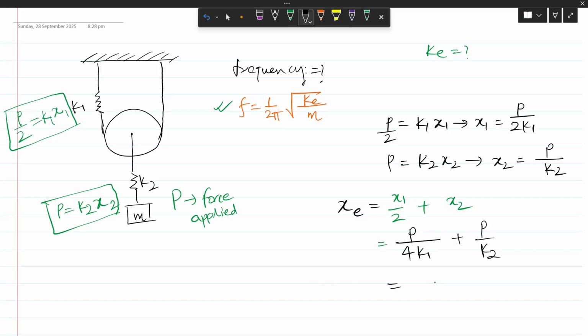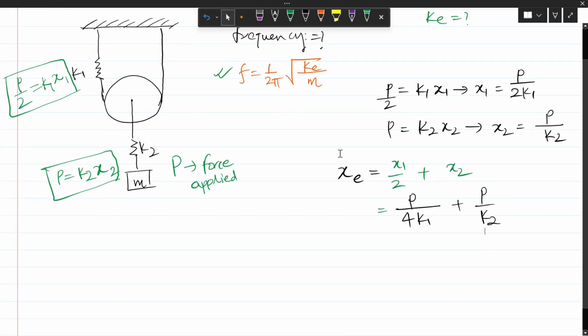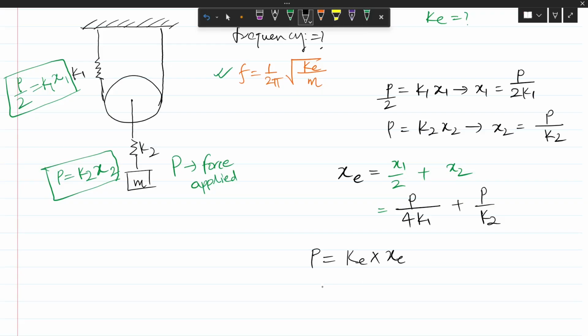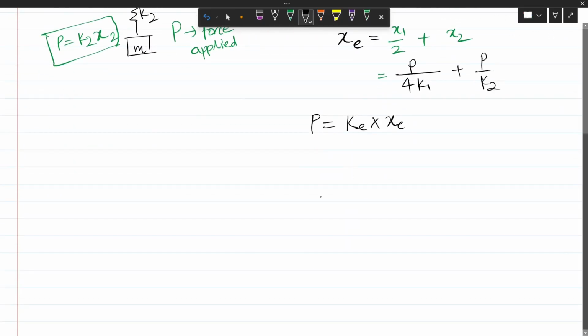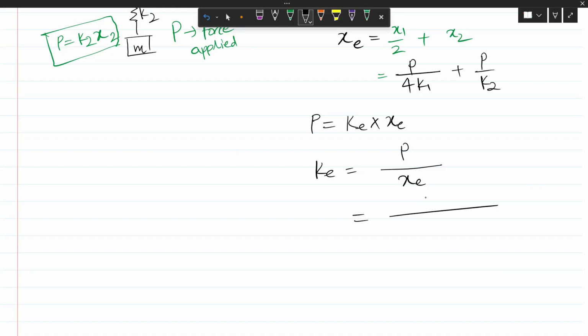So this is my xe, the equivalent displacement. What is going to be the equivalent stiffness? Due to the force applied P, we have ke into xe. So from here I can get the value of ke: Ke will become P divided by xe, and we have already found xe, that is P divided by 4k1 plus P divided by k2.